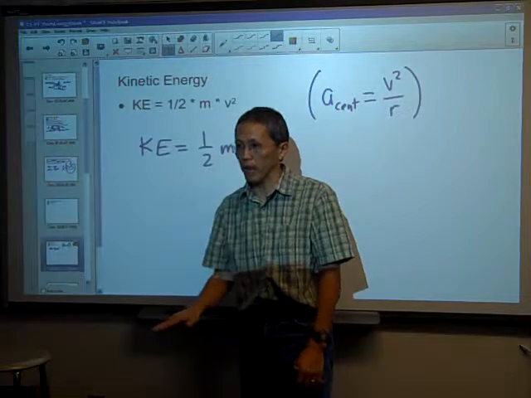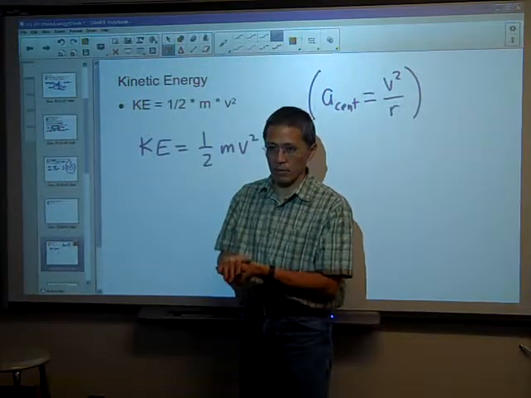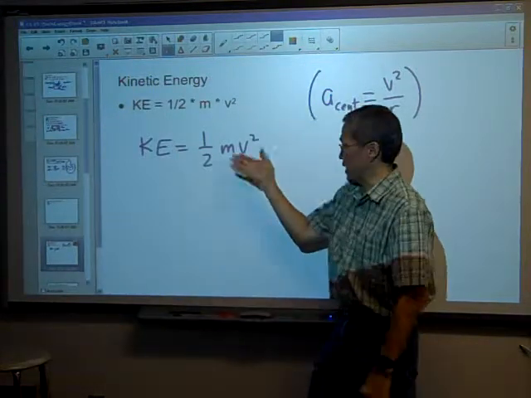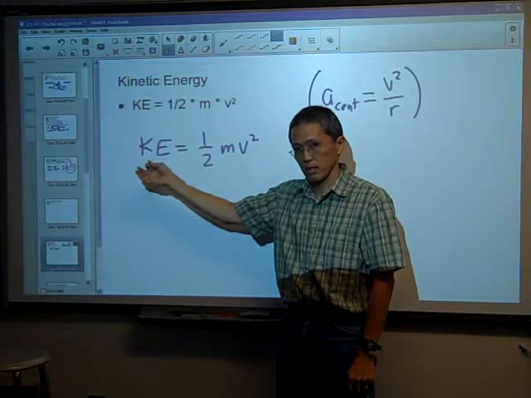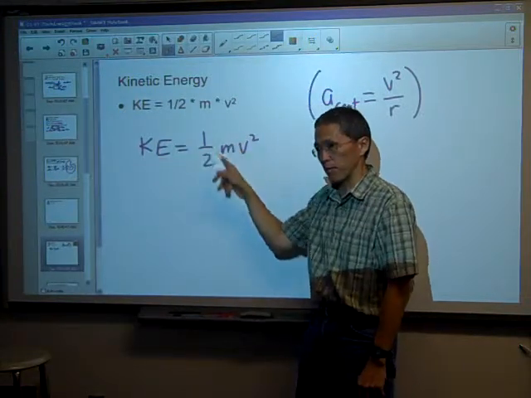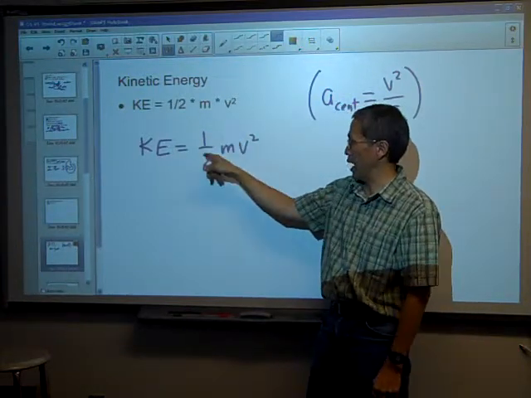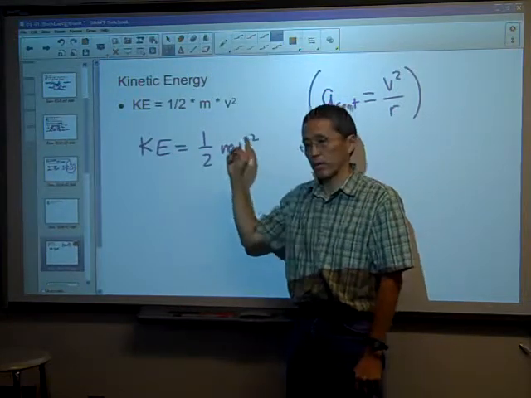Just before it hit the ground, it had its maximum speed, and that tells us how much kinetic energy there was. So as long as I know my speed and I know my mass, I just multiply the half times the mass times the speed squared. That gives me my kinetic energy.